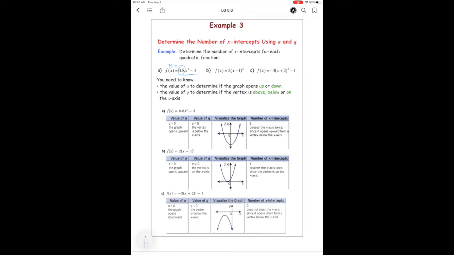Well, I know the a value, so it's opening up, it's positive, and I know the q is below, so I know it's going to have two x-intercepts. And you can see the picture there. If you sketch it, it looks like that.